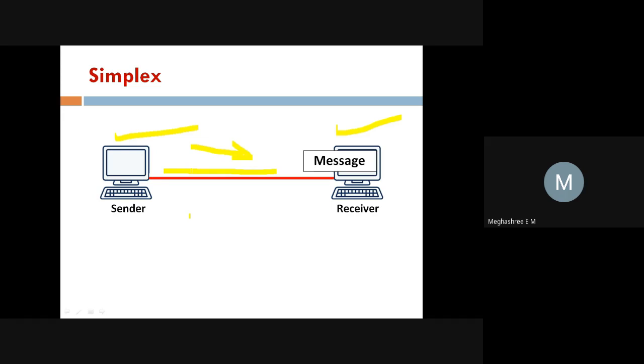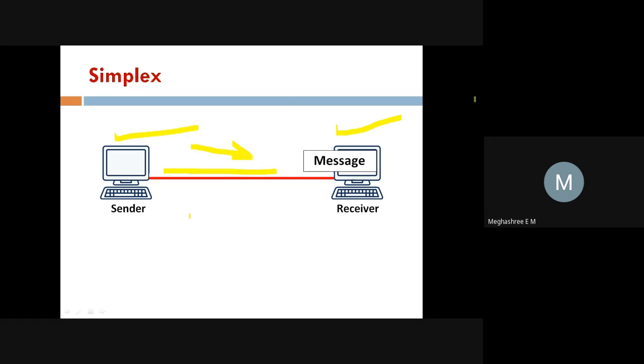The monitor just displays the output. So these are the two examples for simplex mode. So what is simplex mode? It is a form of data flow where the communication is unidirectional. Only in one direction can the data be transferred between sender and receiver.